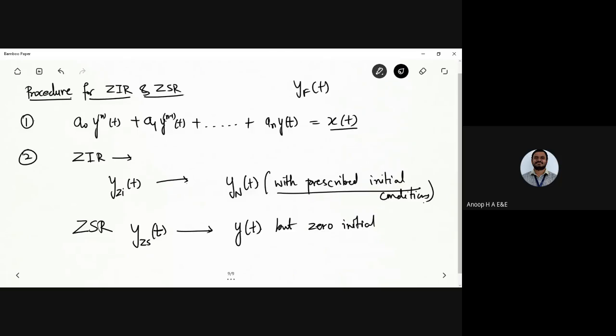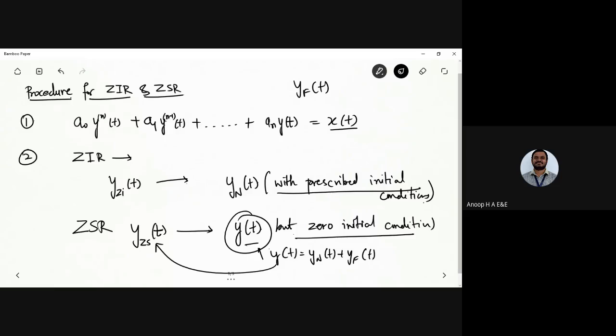Then with y of t being given, you are going to calculate it with the zero initial condition. So y of t will be the total response of the system: y of t will be yn of t plus yf of t. Now with zero initial conditions, from y of t, you are going to calculate yzs of t.